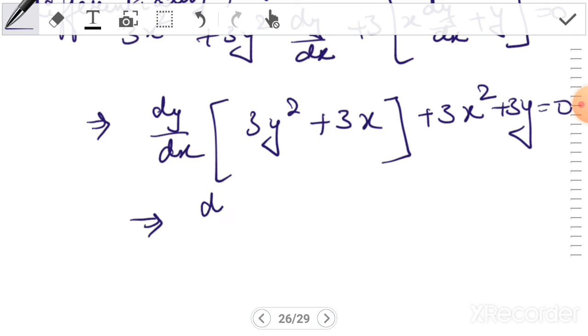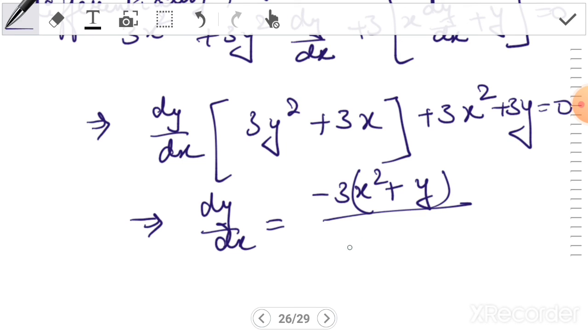Then dy by dx will be equal to minus 3x square plus y by y square plus x.